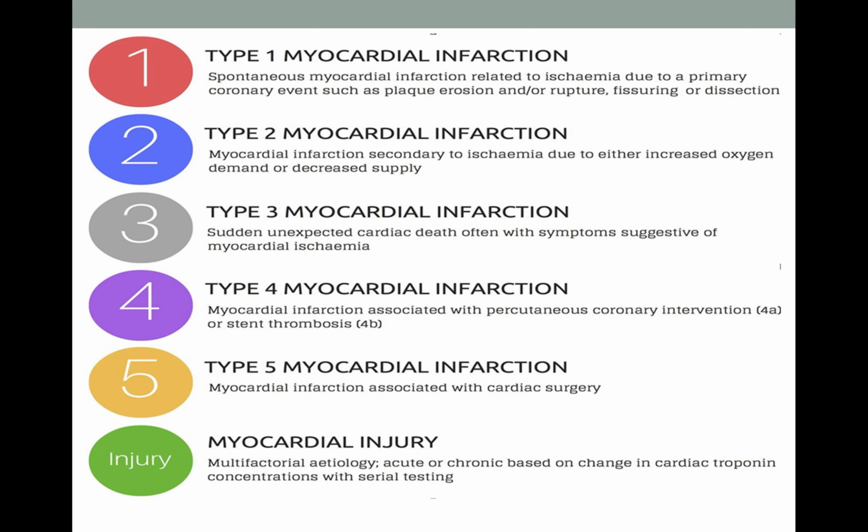Then we classify it as type 3 MI. Type 4 MI has 4A and 4B. 4A is due to PCI and 4B is due to stent thrombosis, and type 5 is due to CABG, coronary artery bypass graft.